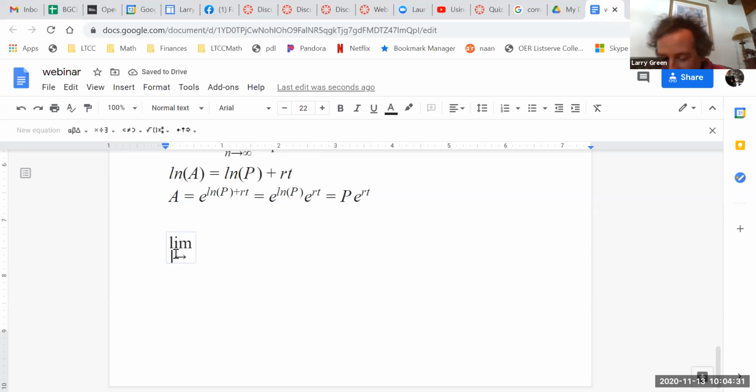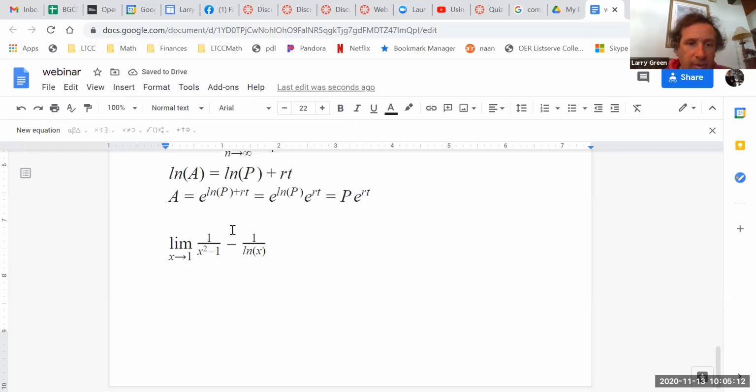And how about as x goes to 1, of the following: 1 over x squared minus 1, and then minus 1 over ln of x. Any questions so far?